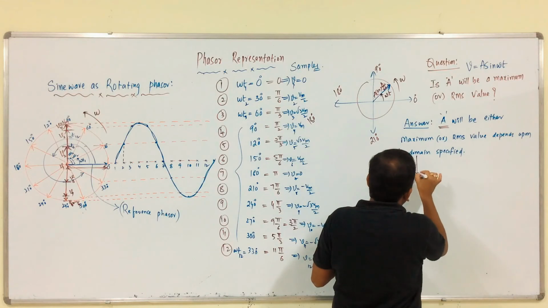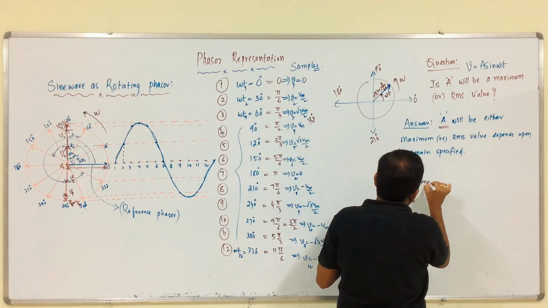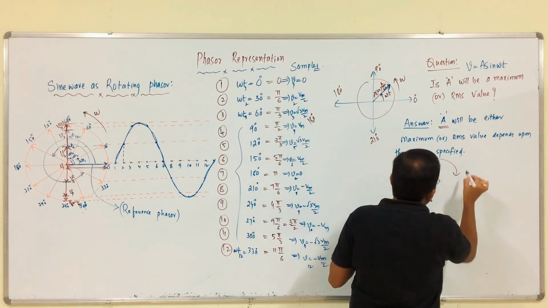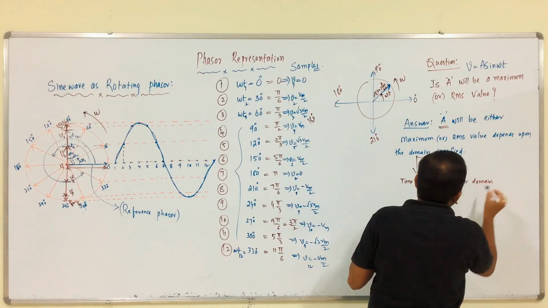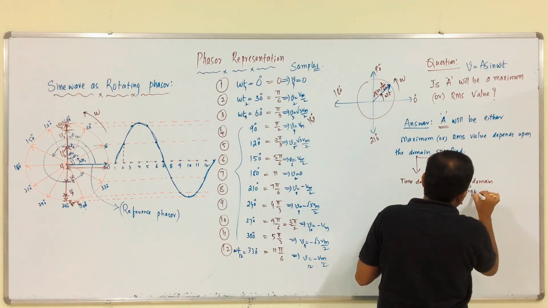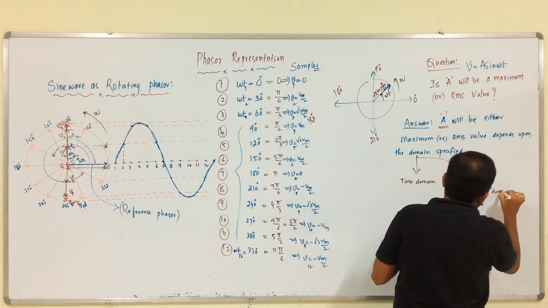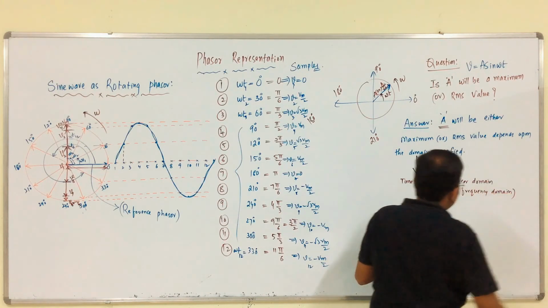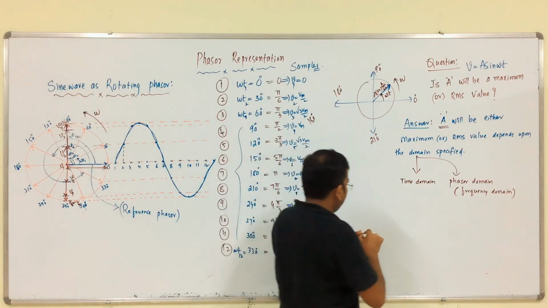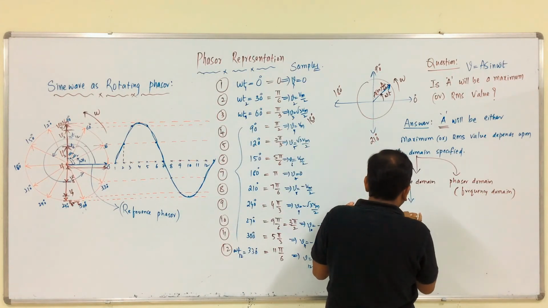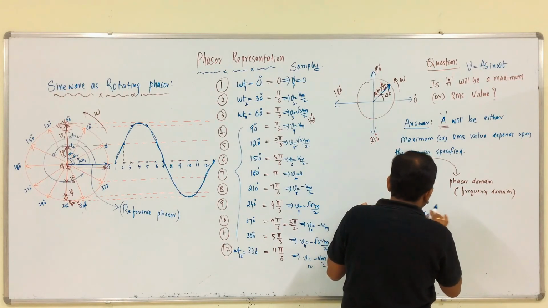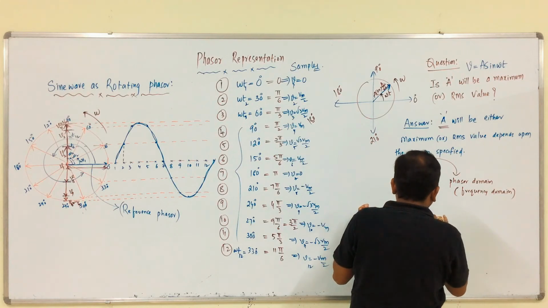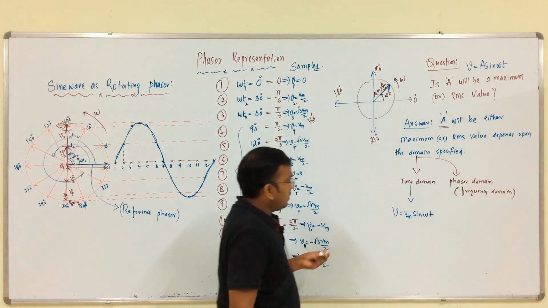The domain means what? We have the time domain. Next, the phasor domain, that is the frequency domain, right? For this, the example is V is equal to Vm sin omega t. This is the specification.